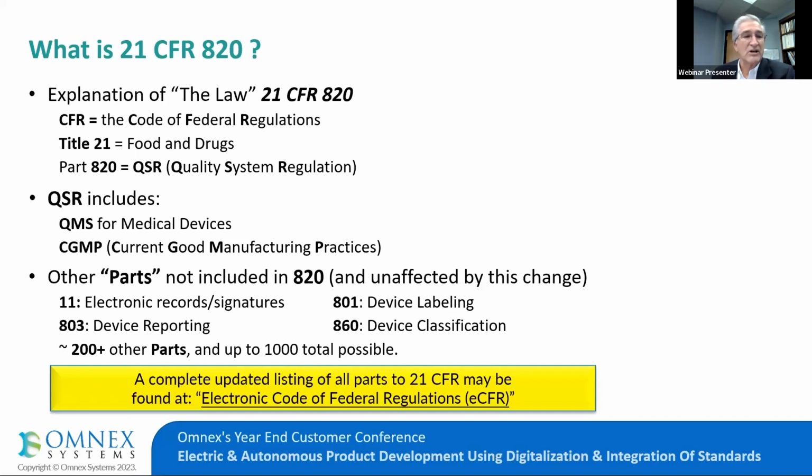Right now there are about 200 parts to the Code of Federal Regulations dealing with devices, and it has capabilities up to 1,000 titles. If you want to know more about this or want a concise listing, go to the Electronic Code of Federal Regulations on the FDA.gov website.